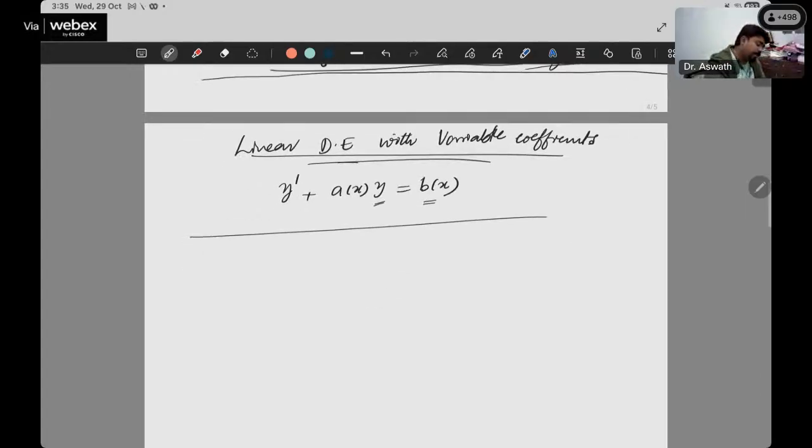Let's take an example of finding solutions; it is best that way instead of generalizing.